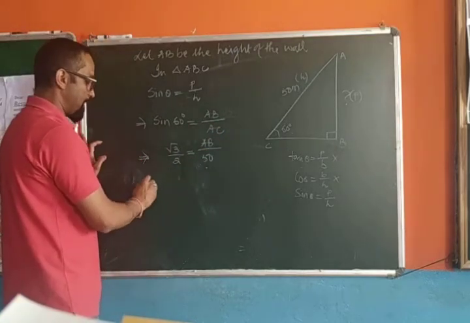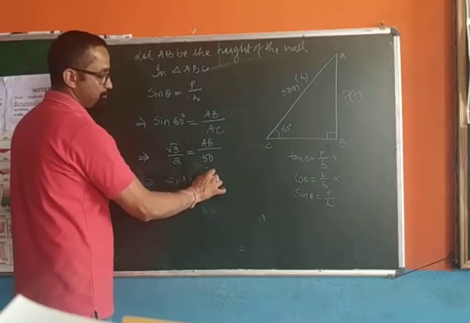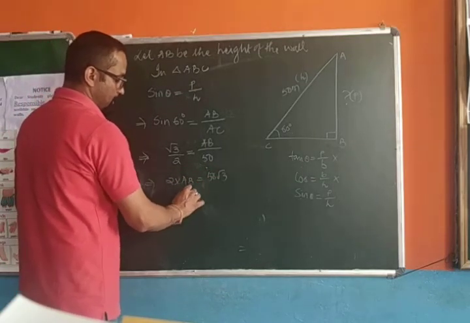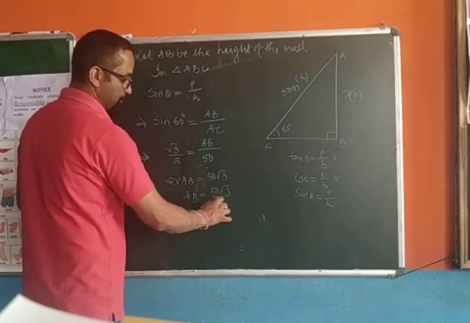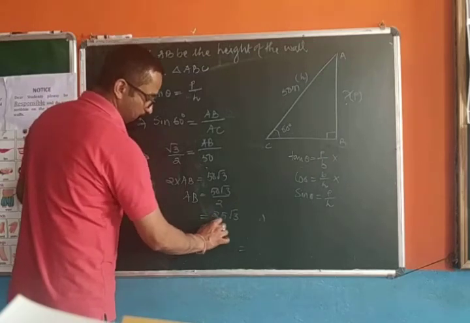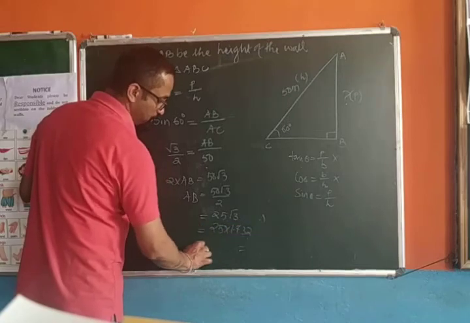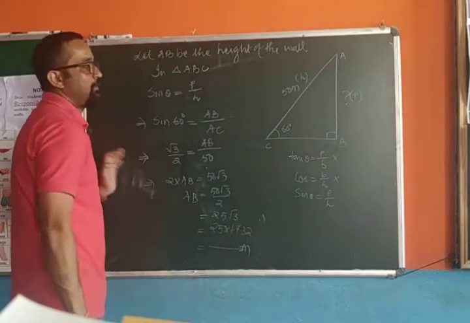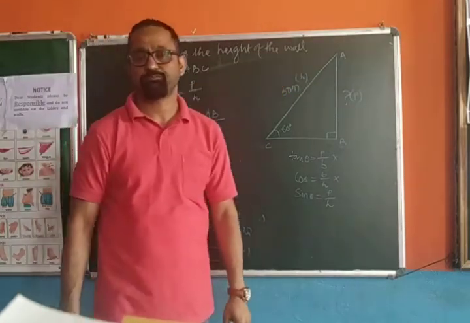Now cross multiply. 2 multiplied by AB is equal to 50 root 3. AB equals 50 root 3 divided by 2. Cancel it. 25 root 3. 25 multiplied by 1.732. Multiply this, you get the answer for the height of the wall when the hypotenuse is given.